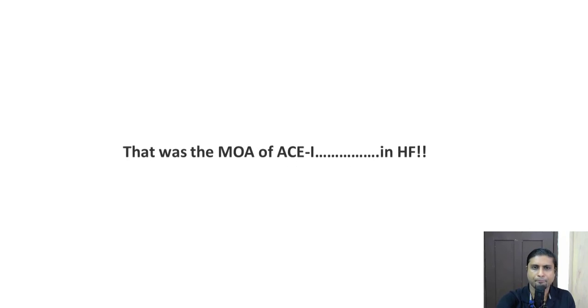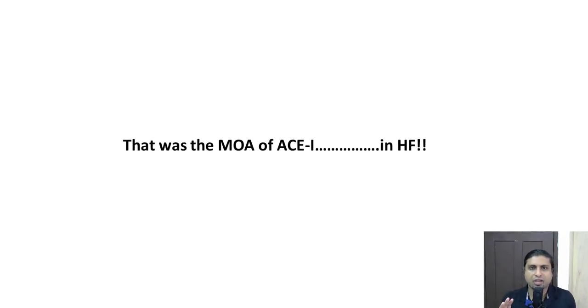Right. So that was the mechanism of action of ACE inhibitors in heart failure. I have to stress that the mechanism of action of ACE inhibitors in other conditions are different. We just spoke about the mechanism of action of ACE inhibitors in heart failure, specifically in heart failure.